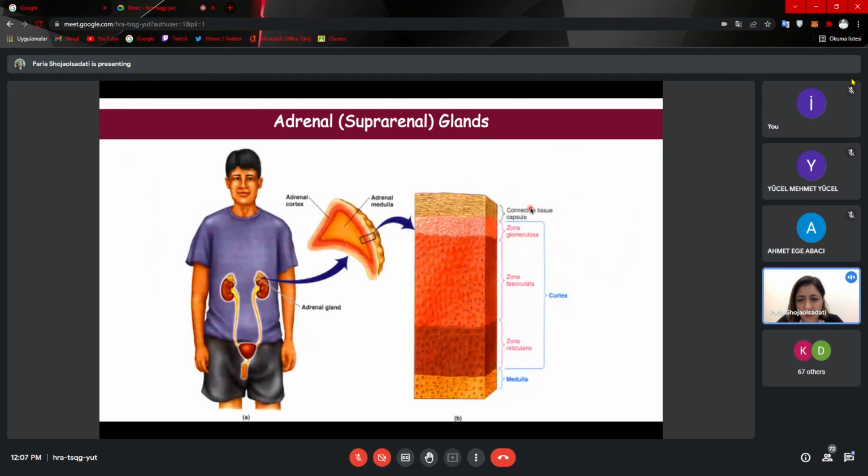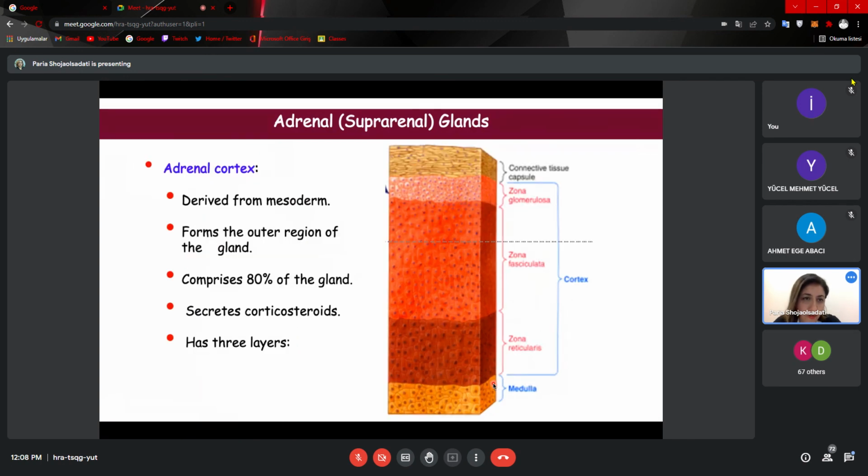If you look closely at the cross section of this organ, you can find that the surface is covered by connective tissue, or a capsule. Under it, we have a thick cortex zone and a thin medulla part.